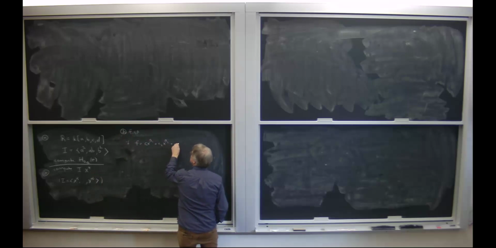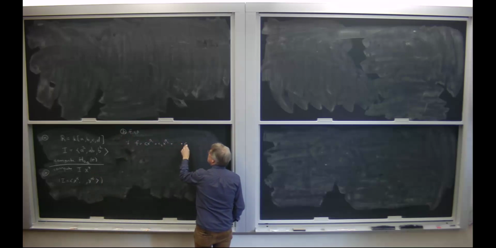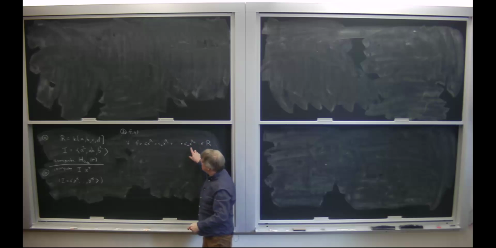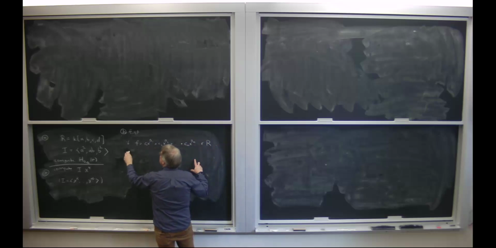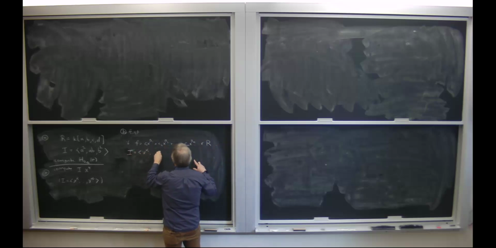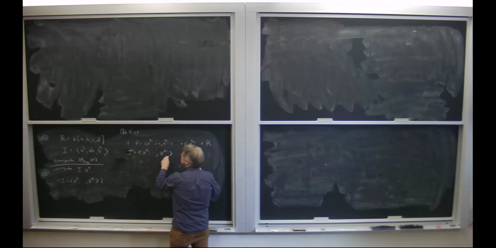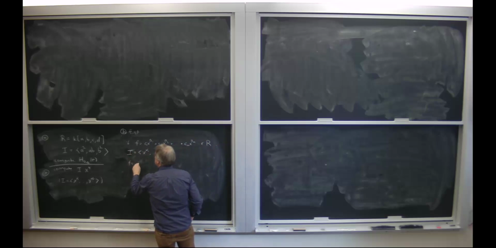We don't really need all this notation, I hope, but you never know. And suppose that I is generated by x to the alpha 1 through x to the alpha r. Then f is in I if and only if what holds.